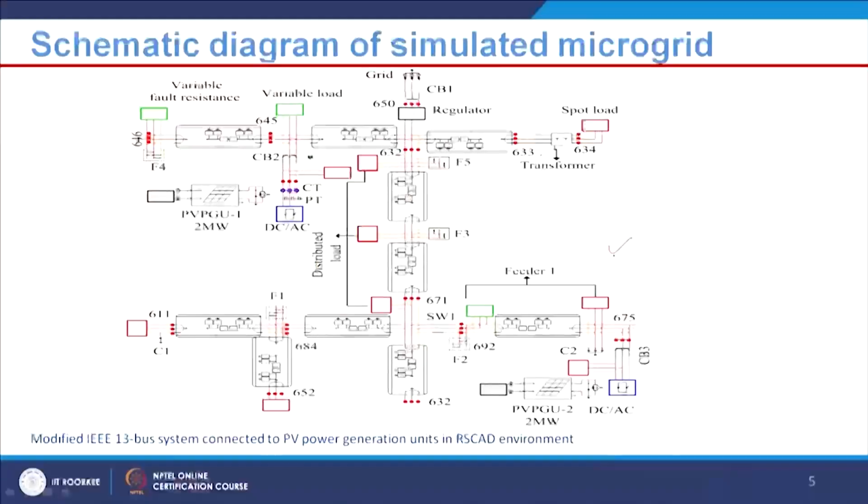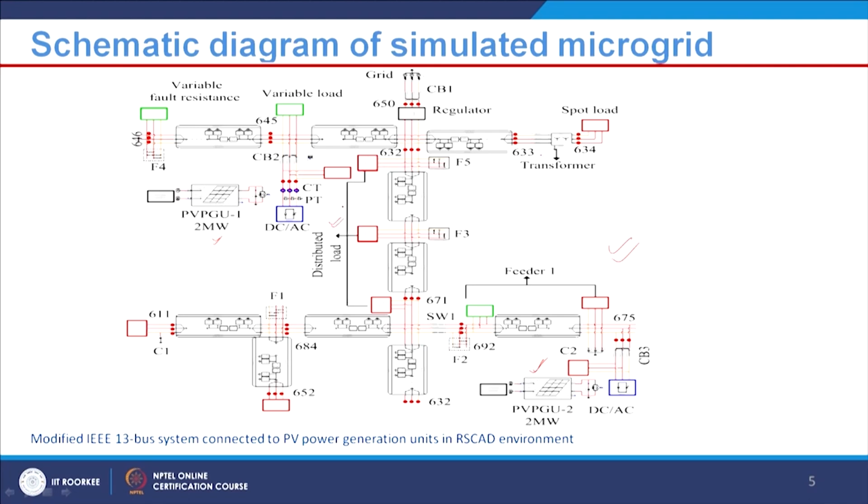Of course, this technique is also dependent on threshold values, but it works fine for the zero power mismatch condition. To realize this technique, we have taken a sample system, the IEEE 13 bus system, where we have this PV system, and another PV system, and different types of loads are also connected.